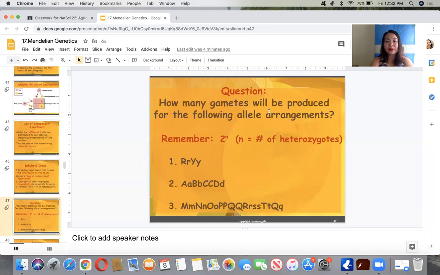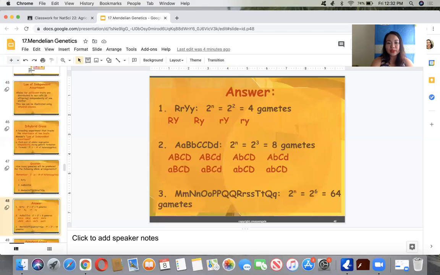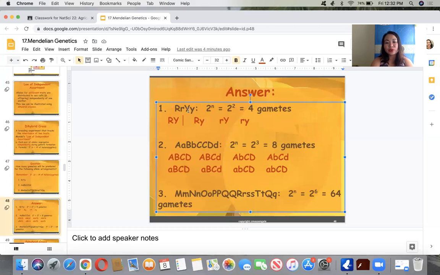For example, how many gametes will be produced for the following allele arrangement? Remember this formula: 2^n, where n is the number of heterozygotes. Since there are two heterozygotes, R and Y, there are 2 to the 2nd, or 4 gametes.